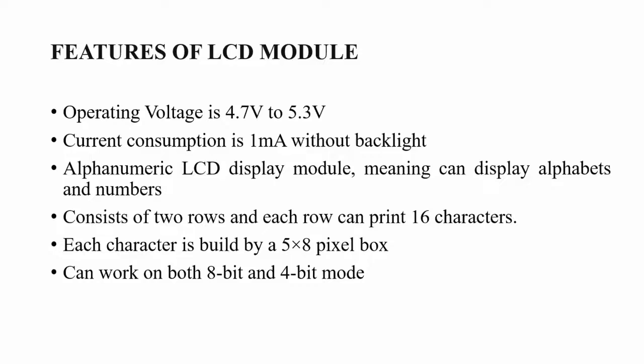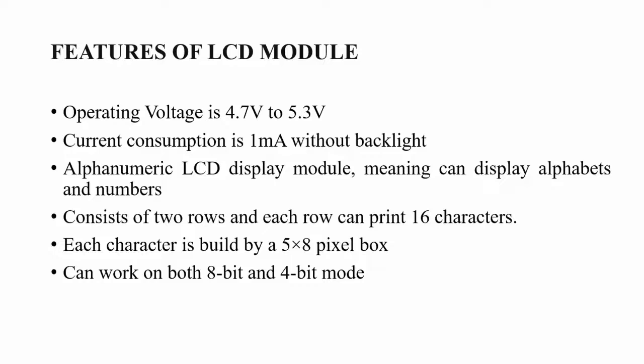Each character is built by a 5 cross 8 pixel box. We all know what is meant by pixel. So each of the 16 characters we print on our LCD is built by a 5 cross 8 pixel box, and it can work in both 8-bit and 4-bit mode.